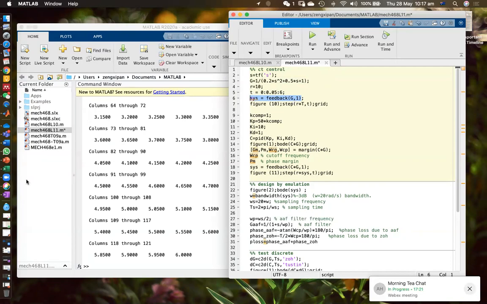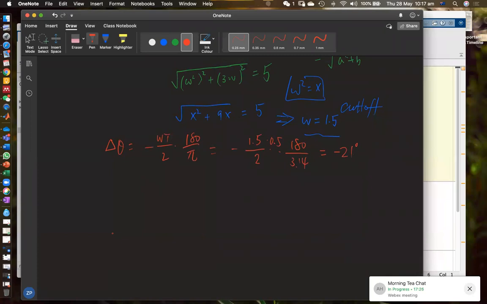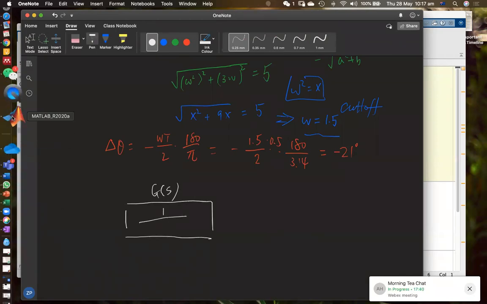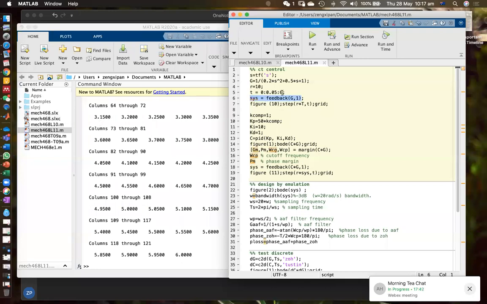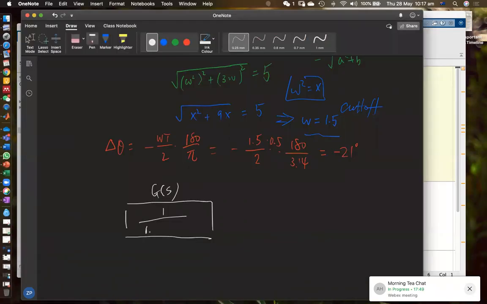So if I draw the system a bit over here, say I have G(s), which is 1 over 0.2s squared plus 0.5s plus 1.